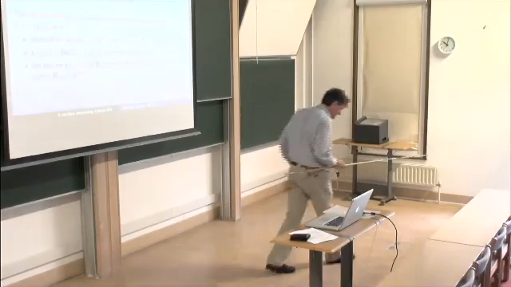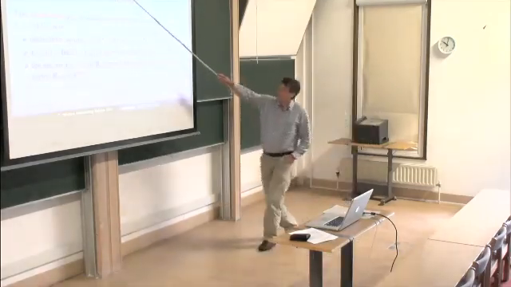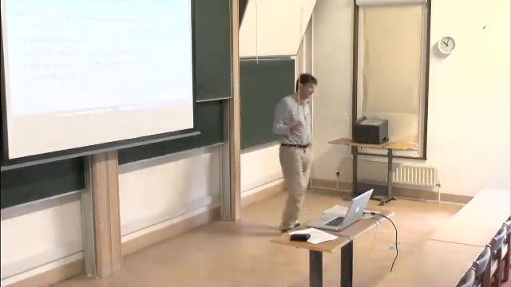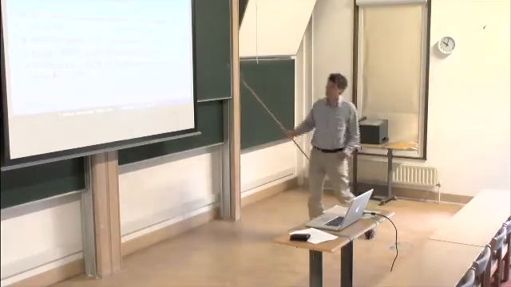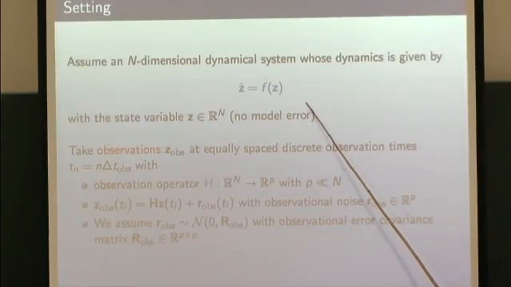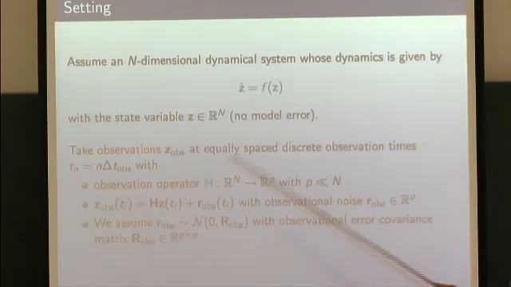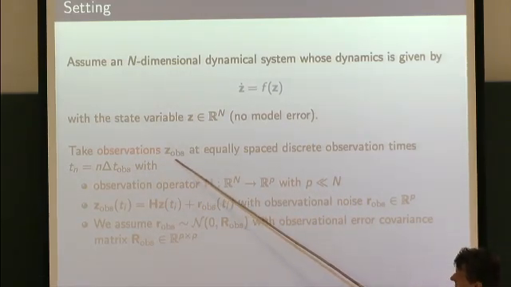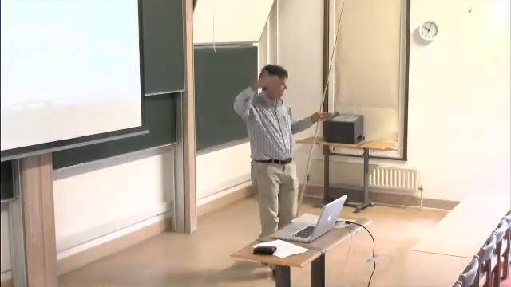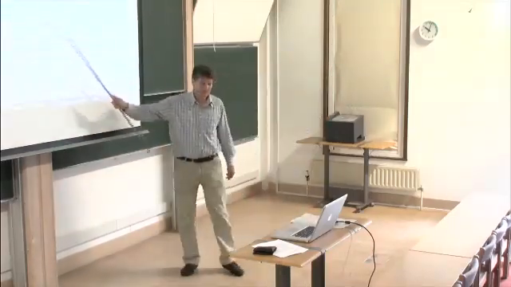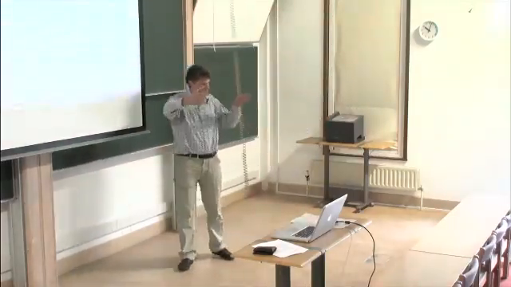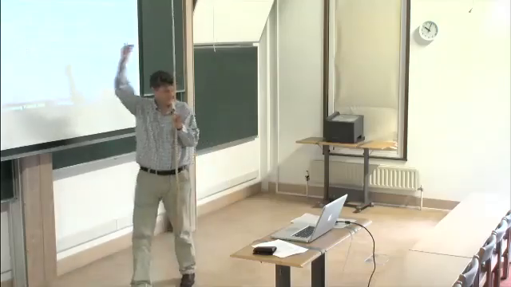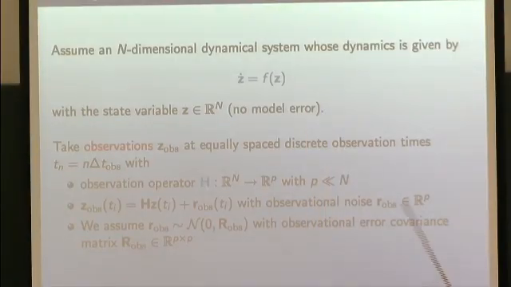So our setting here is, we have a dynamical system, z dot is f of z, where z is in some R^n. We have a perfect model, there's no model error here. Then we have observations, we call them z_obs, taken at equal distances, spaced by delta t_obs, that's our assimilation window. So every delta t_obs, we make an observation and an analysis.